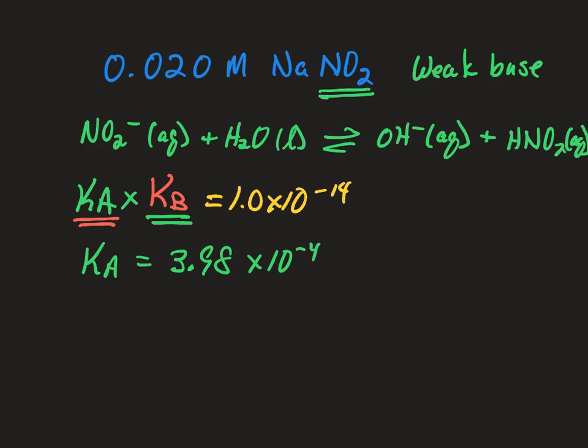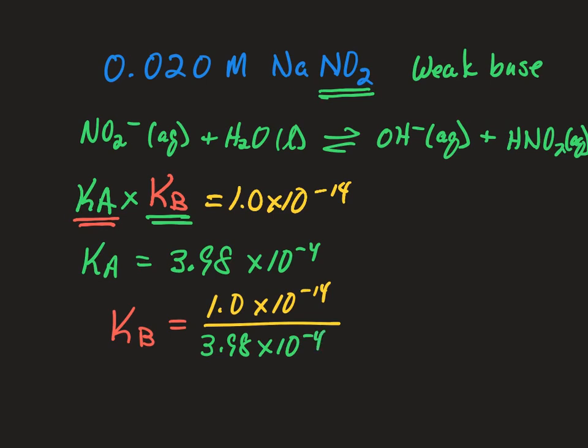So the Kb is going to be equal to 1.0 times 10 to the minus 14 divided by 3.98 times 10 to the minus 4, and we get, for the Kb, 2.51 times 10 to the minus 11 is the value of the Kb.